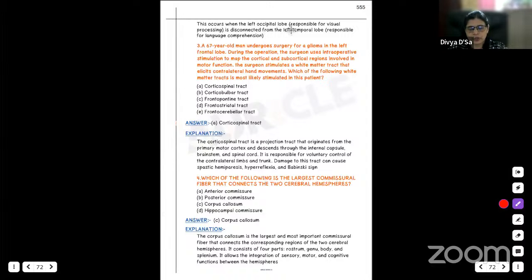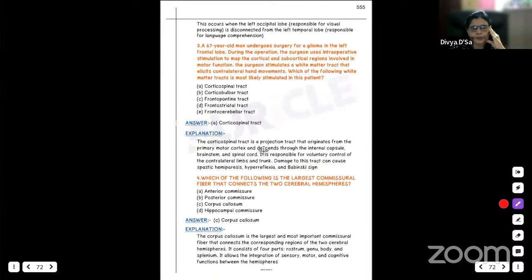Explanation for the previous question: the left occipital lobe is responsible for visual processing, and it is disconnected from the left temporal lobe, which is responsible for language comprehension. That is why there was no agraphia.